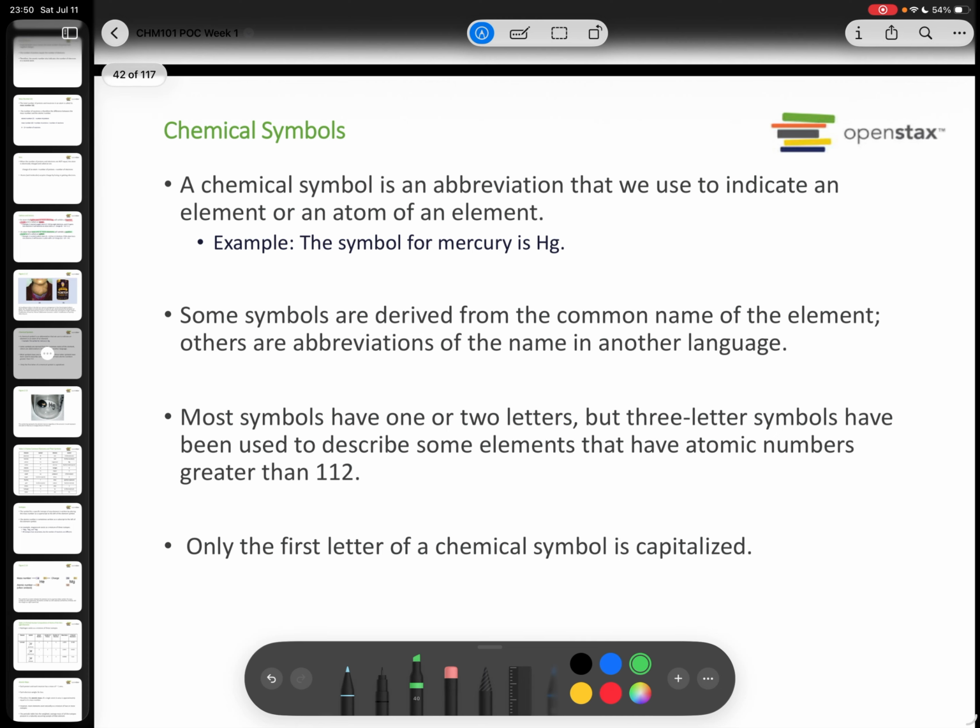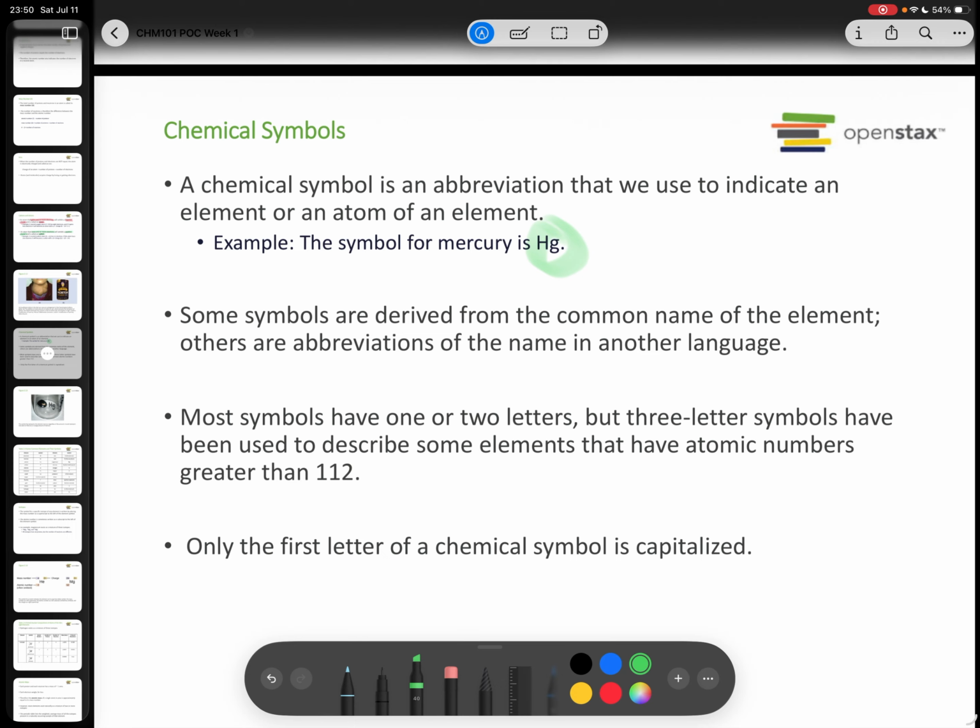Okay. So, let's proceed with chemical symbols, no? A chemical symbol is an abbreviation of an element or an atom of that element. For example, Hg represents mercury. Some symbols come from the English name while others come from the Latin or other historical name, no?